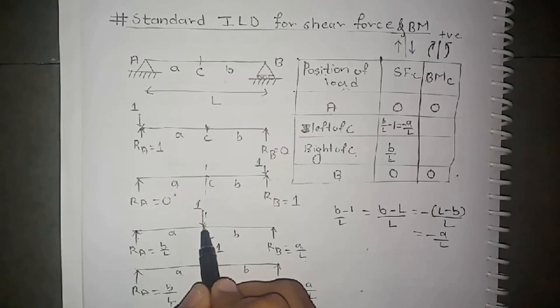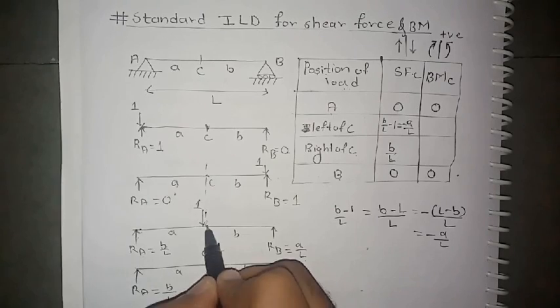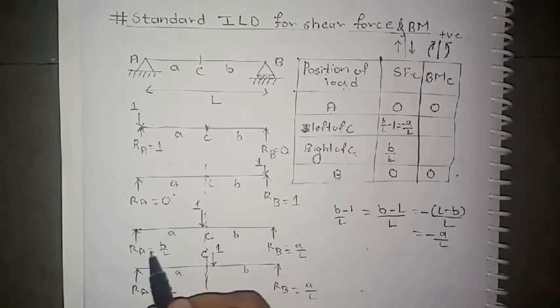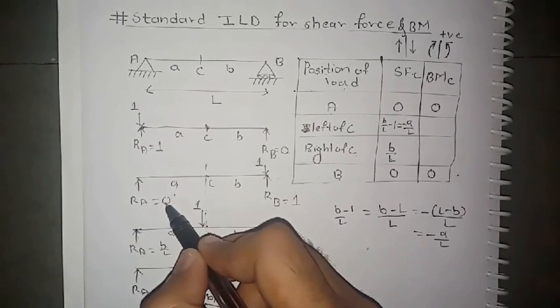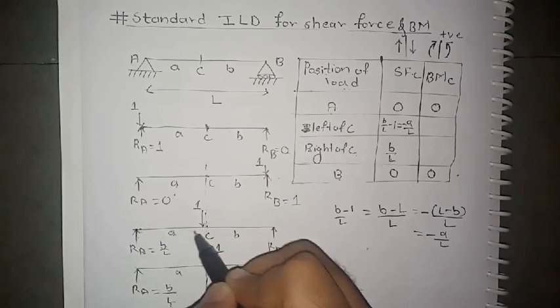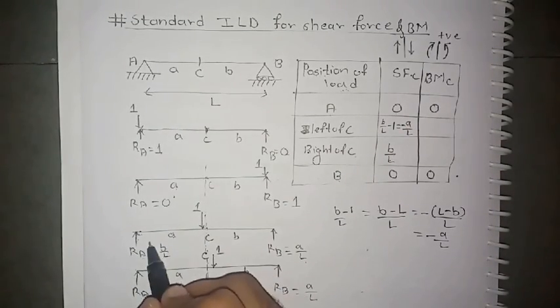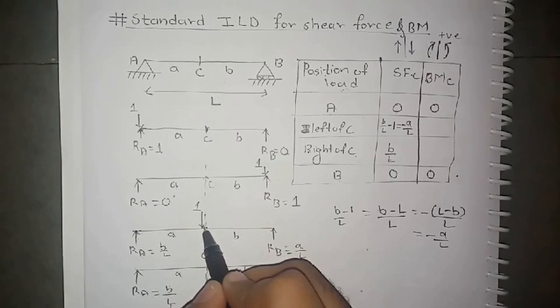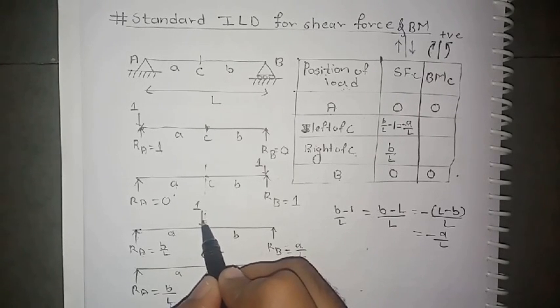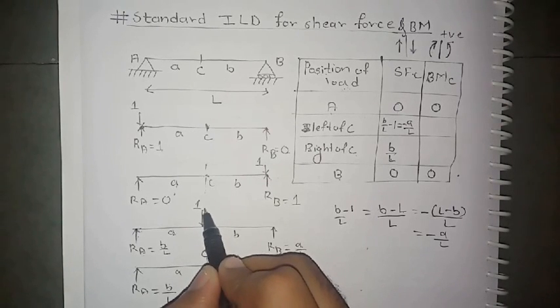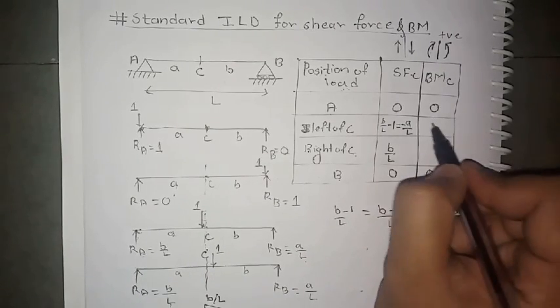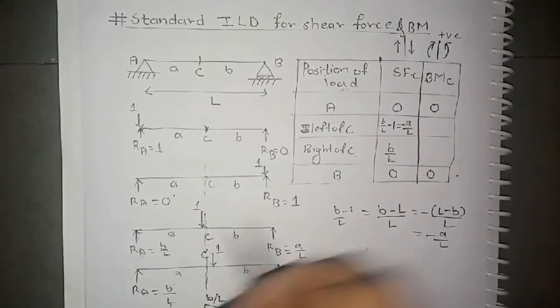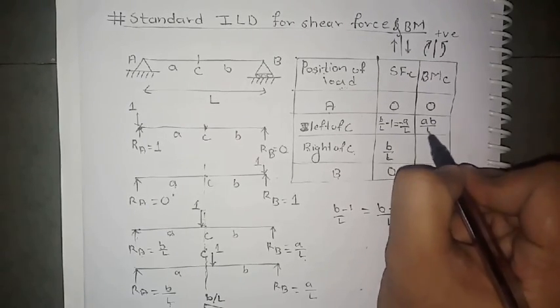When the load is just left of C, we take the section at C. The moment will be Ra into A, clockwise. Towards the left of the section, clockwise is positive, so Ra into A is positive. The load is just left of section C, so its distance is nearly 0, and 1 into 0 equals 0. So it will be A into B by L.